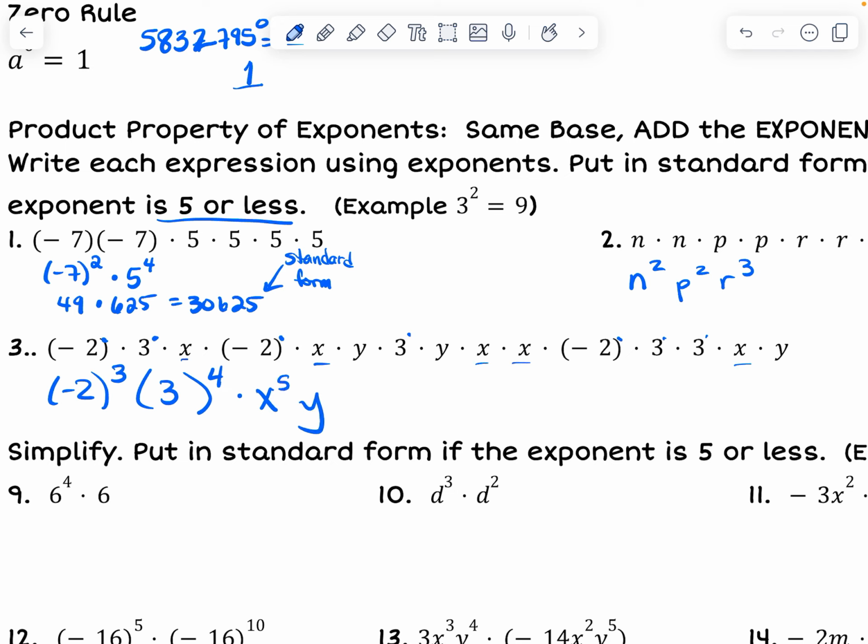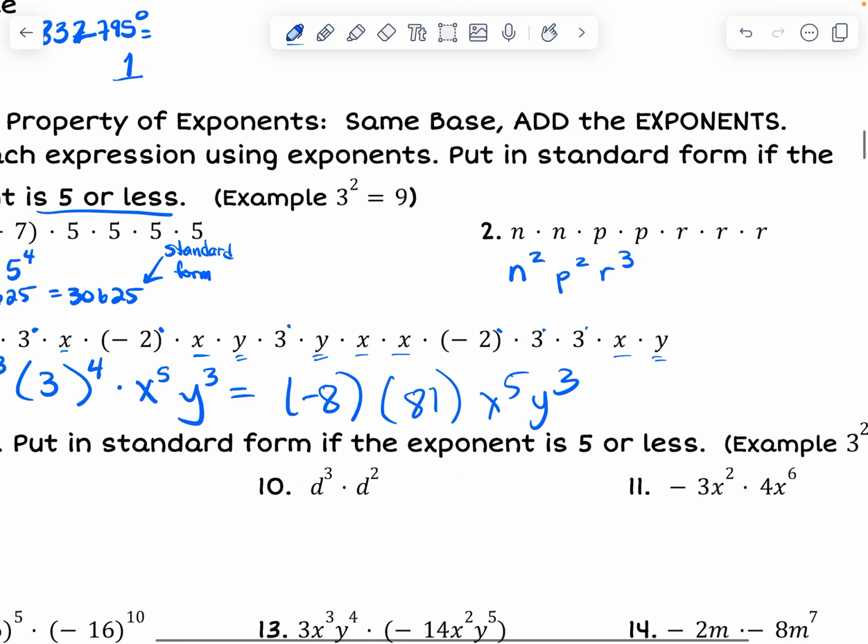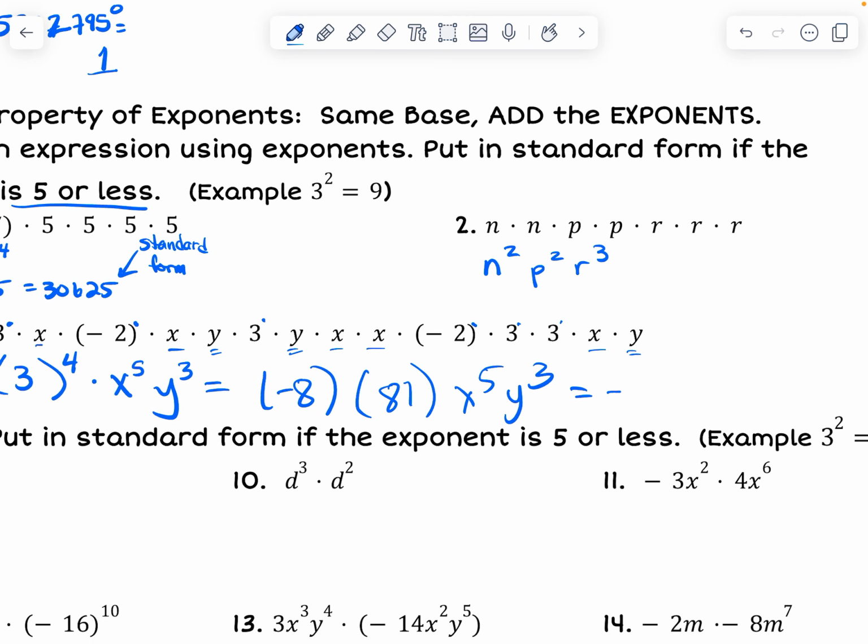How many y's do I have? 1, 2, 3. Okay? Negative 2 to the 3rd power is the same thing as saying negative 8. 3 to the 4th power is 81. X to the 5th, y to the 3rd. 81 times negative 8 is going to get me negative 648. X to the 5th, y to the 3rd.